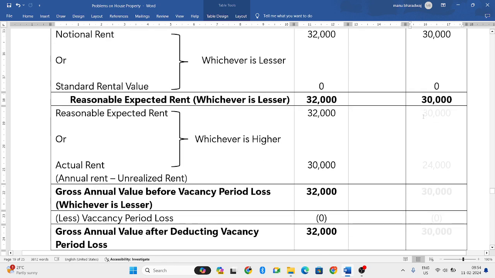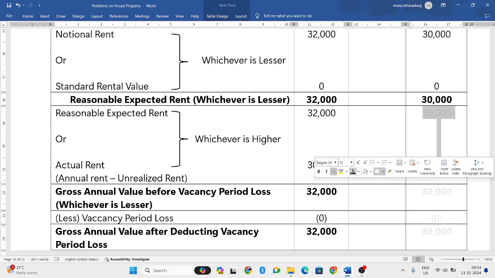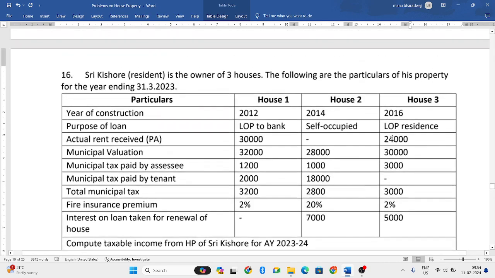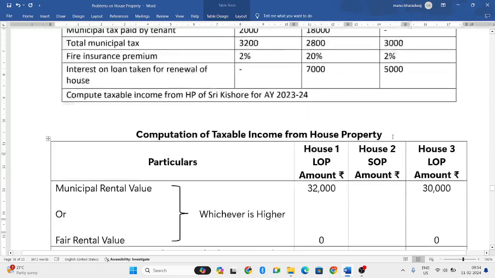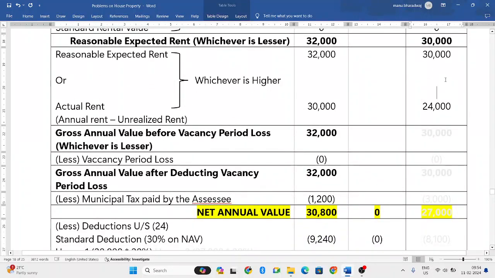Now that reasonable expected rent will be compared with the actual rent received. In the question they have given that actual rent received is 24,000. So 30,000 and 24,000, whichever is higher, 30,000 is higher. So that 30,000 will be considered as GAV before vacancy period loss. From that, we will subtract the vacancy period loss.